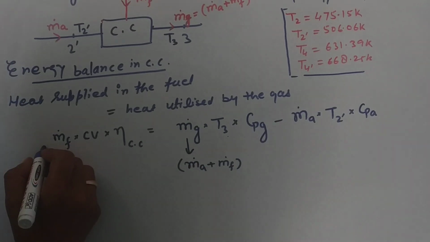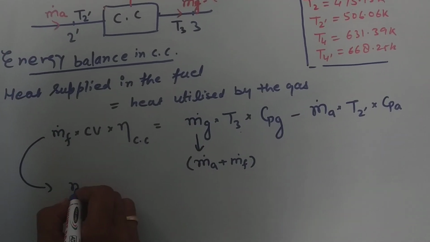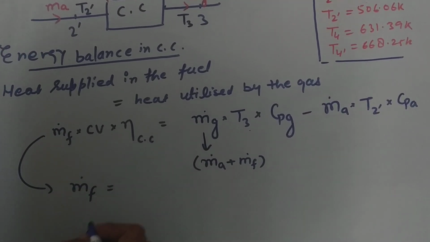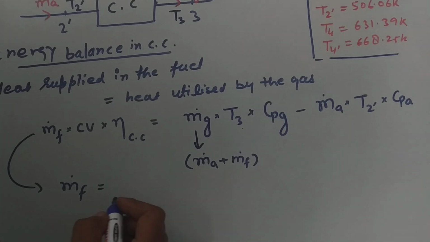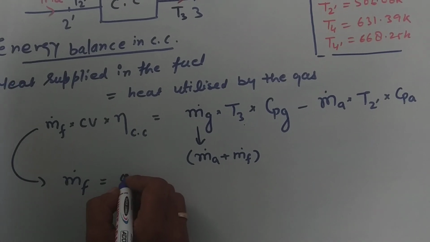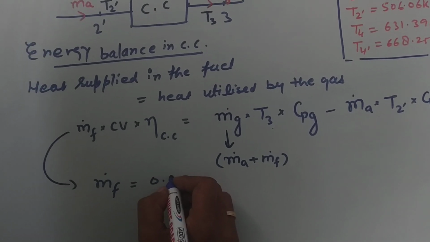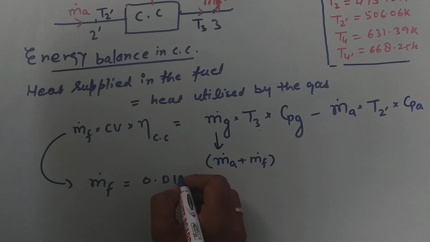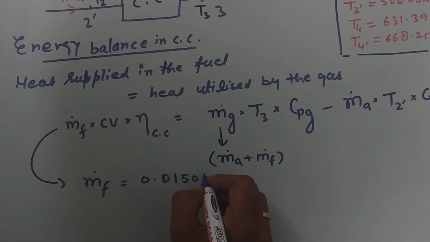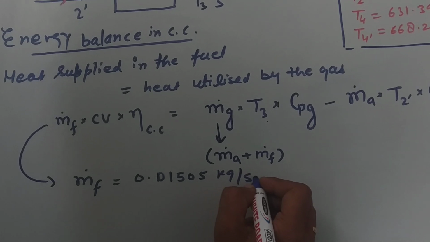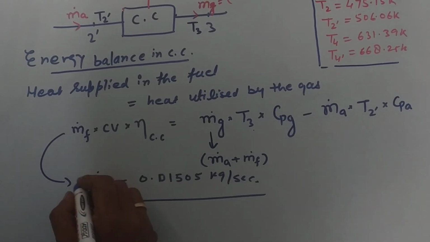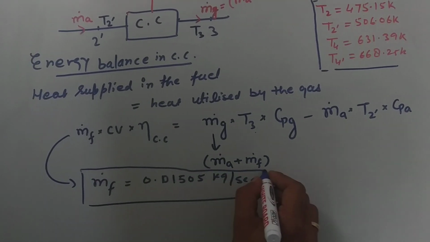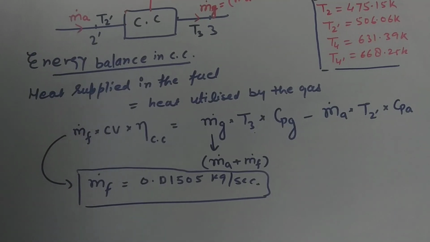After putting in the data, we will get mf dot, the mass flow rate of fuel, calculated from the equation as 0.015 kg per second.